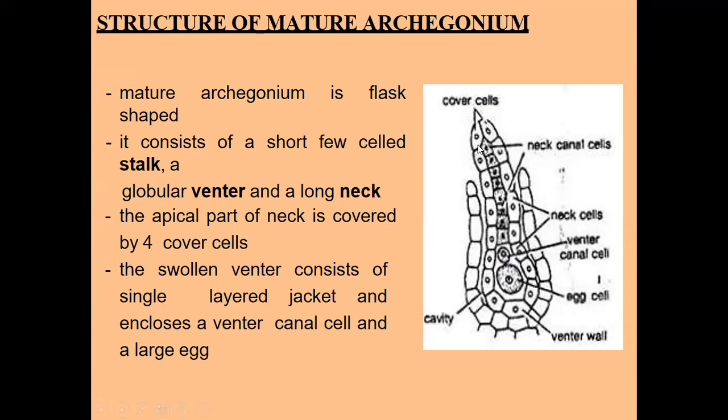The neck region consists of a row of neck canal cells. Generally there are around 6 to 8 neck canal cells in the neck region, and the tip of this neck is covered by 2 peculiar cells, which we call cover cells or lid cells. So this is regarding the structure of the archegonium.